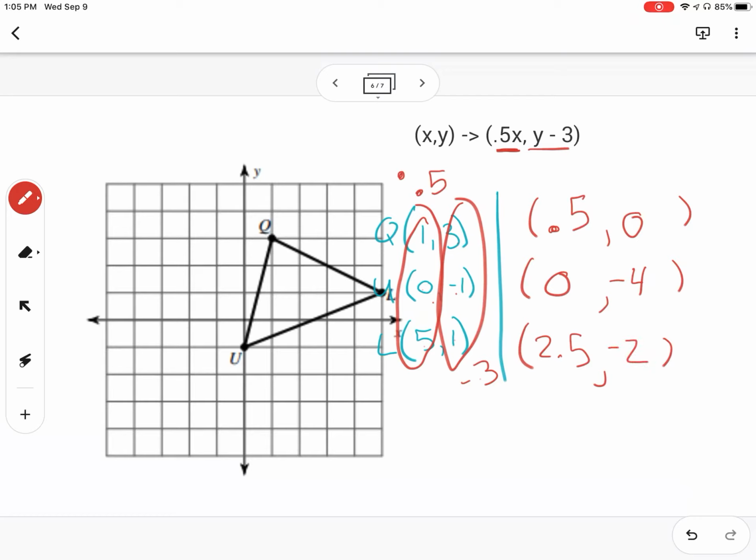And 1 minus 3 is negative 2. So we get this point here. So 0.5 and 0. 0, negative 4. 2.5, negative 2. There we go.